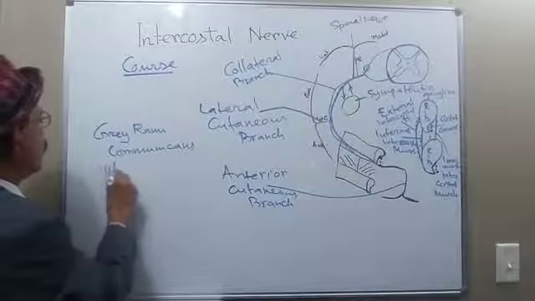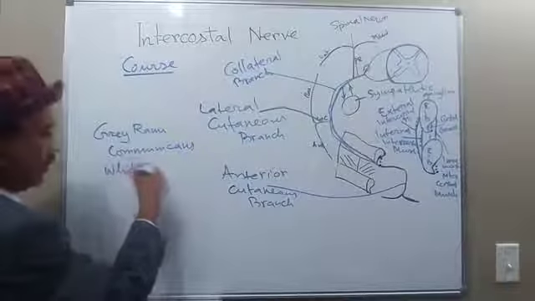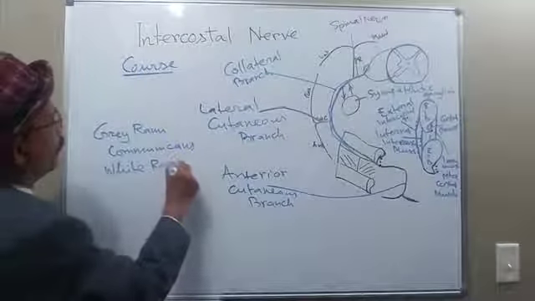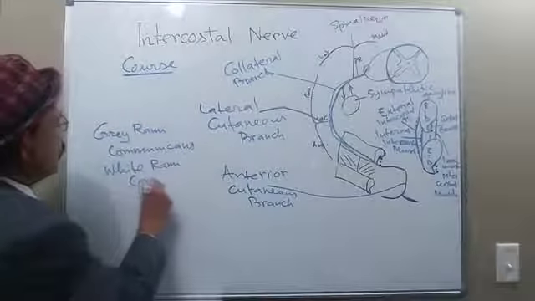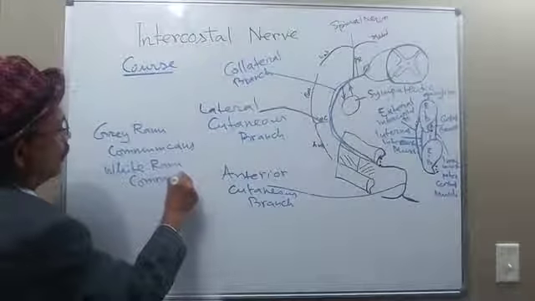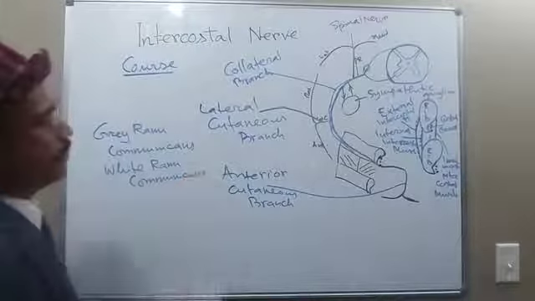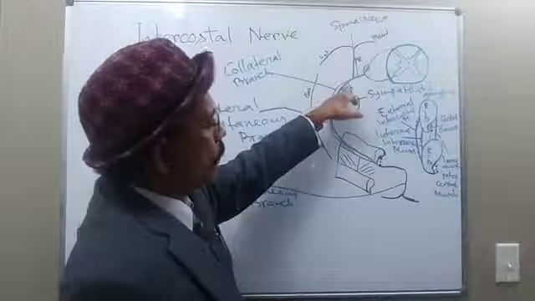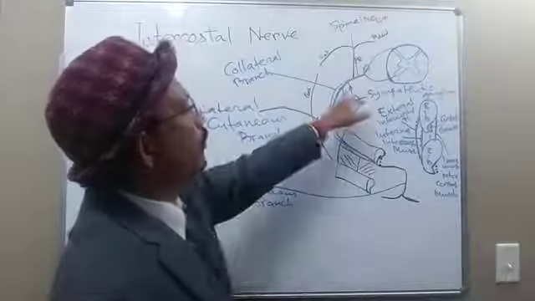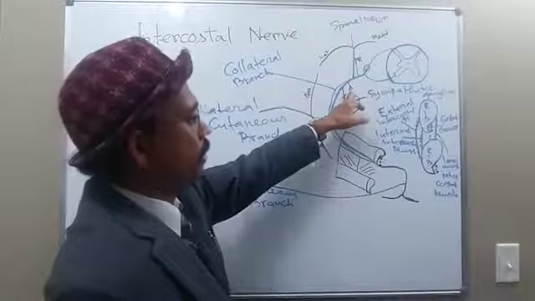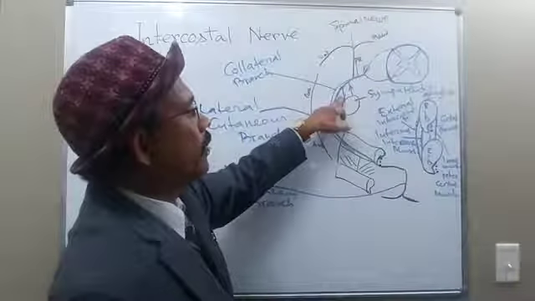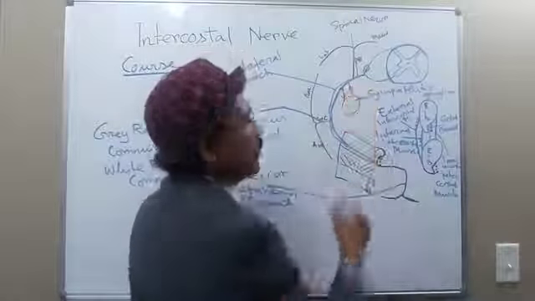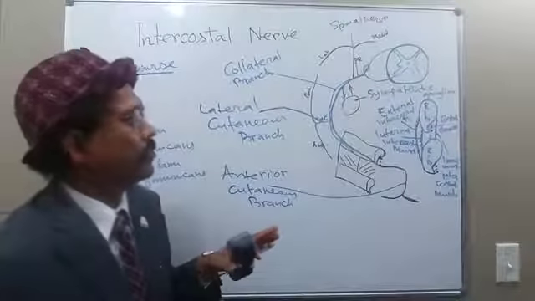One is the gray ramus communicans, the proximal one. The other is the white ramus communicans, the distal one. We can call these branches from the intercostal nerve. These are for the sympathetic innervation.